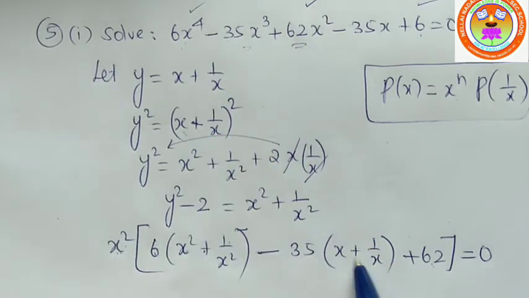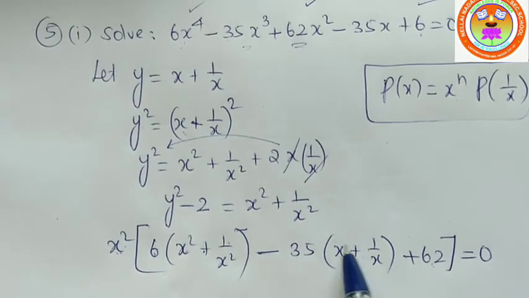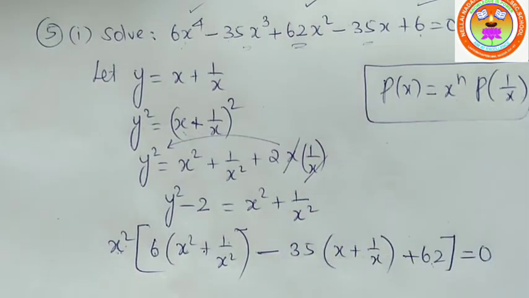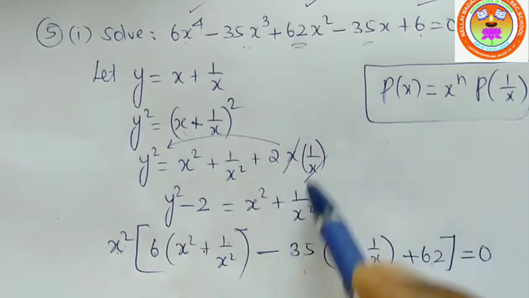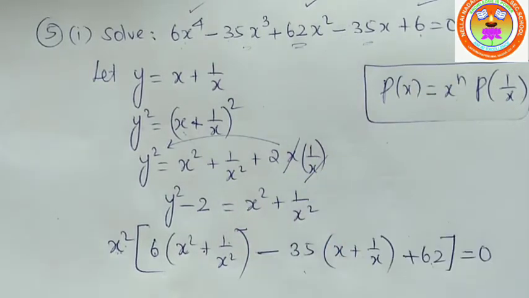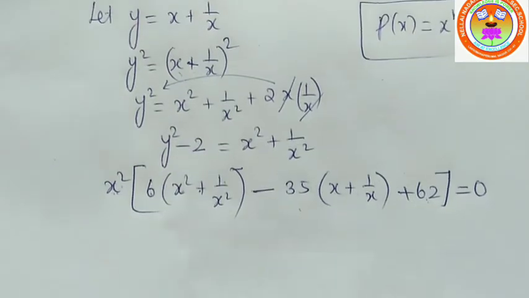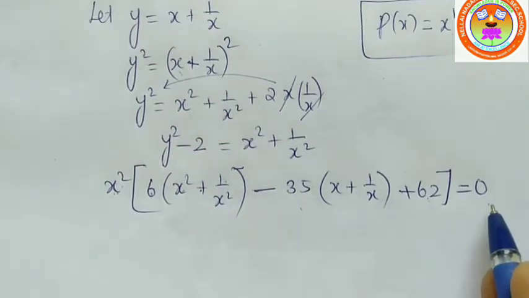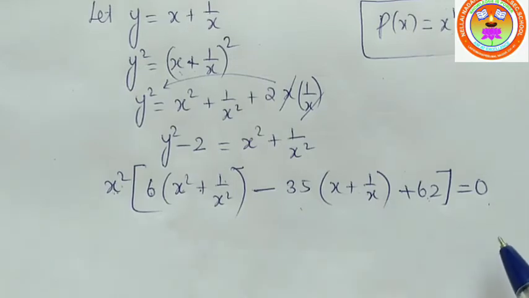When we multiply x square inside, x cancels, so minus 35x, yes, we have. So these two equations are same. If you bring this term x square to the denominator on the right hand side, it will become 0 by x square, so 0 by x square is 0.